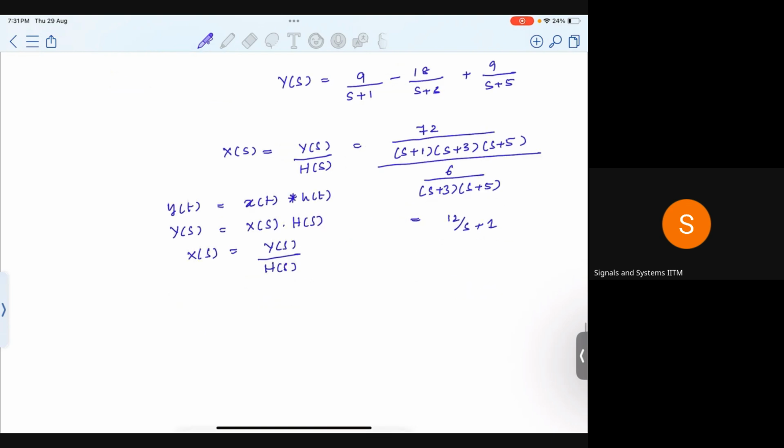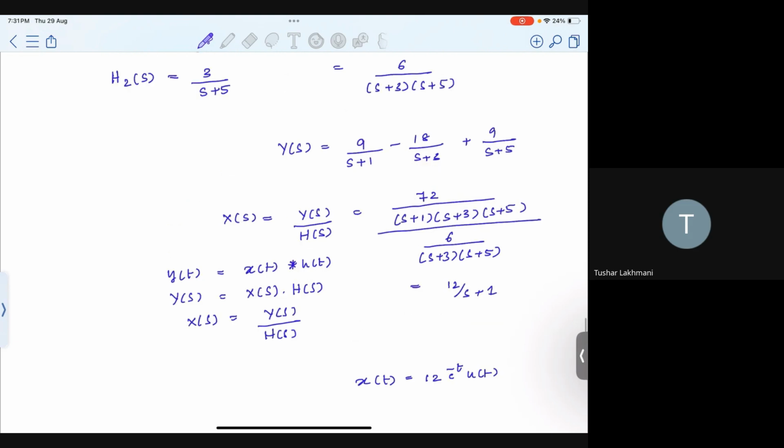When you invert it, x of t is 12 e power minus t u of t. That is all right, no? This is correct only, right? I'm not getting 72 there.